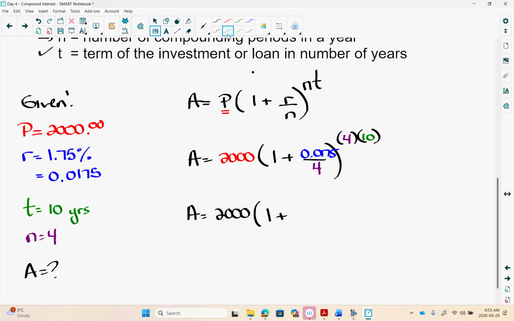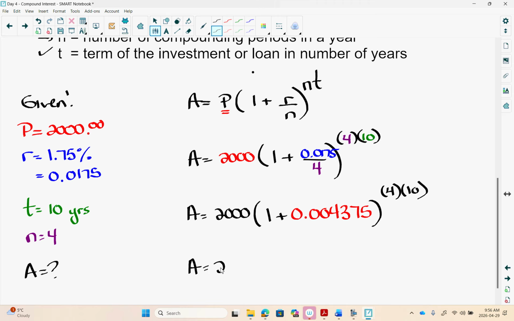And I'm going to show you every step. This is what it would look like. And then I'll show you how to take some shortcuts. You cool with that? 0.0175 divided by 4 is the following number. And I wrote every number down.